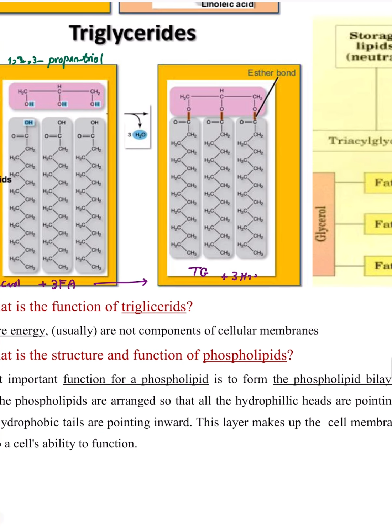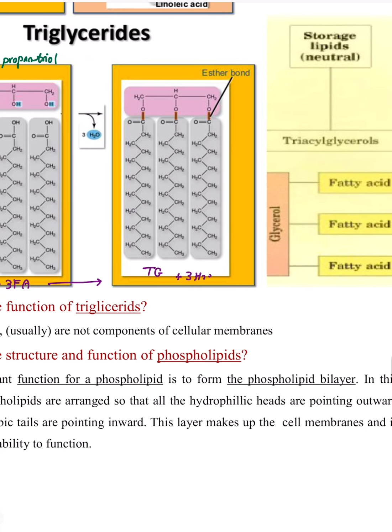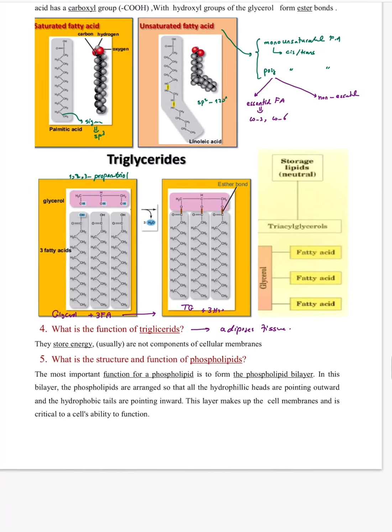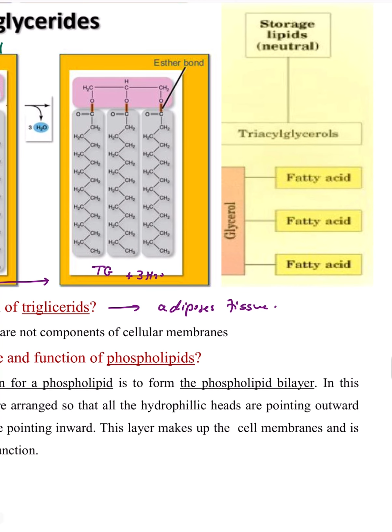How do we store this compound? Usually in adipose tissue. How they do it is very easy: lipoproteins from the liver transport it, usually the LDL, VLDL, and the chylomicron.